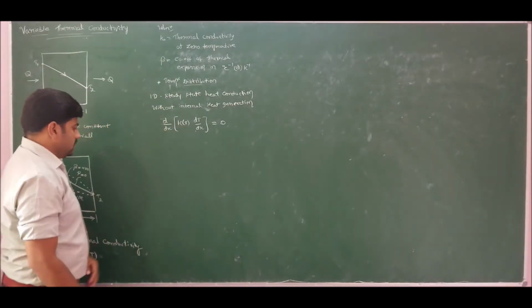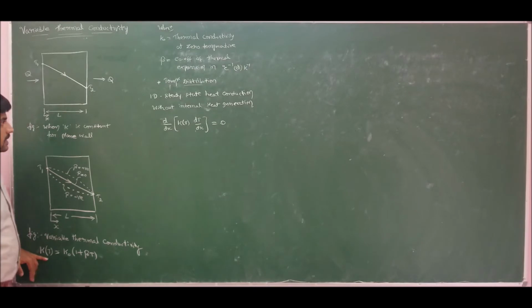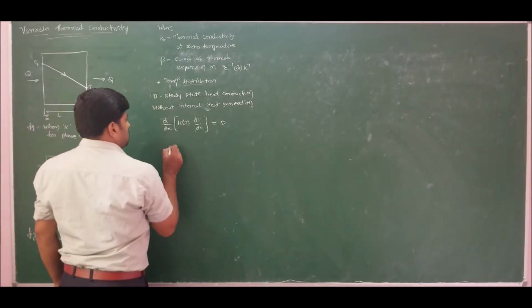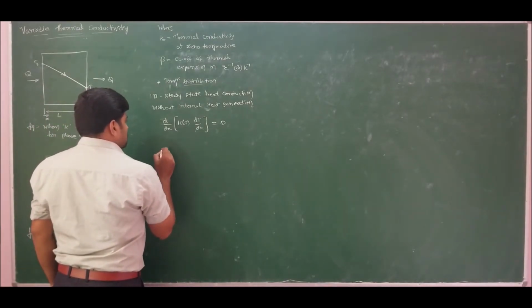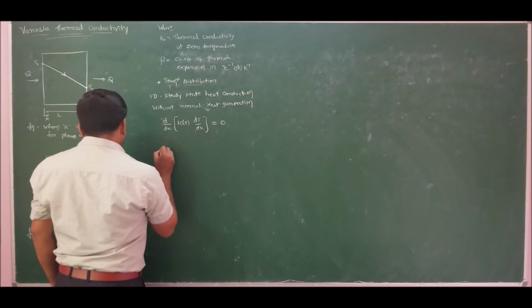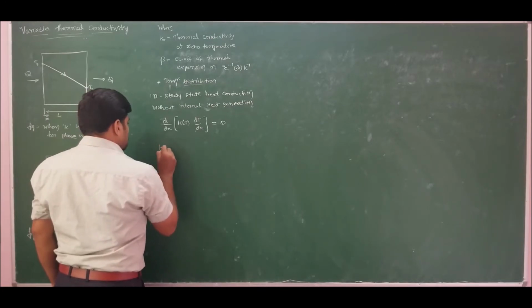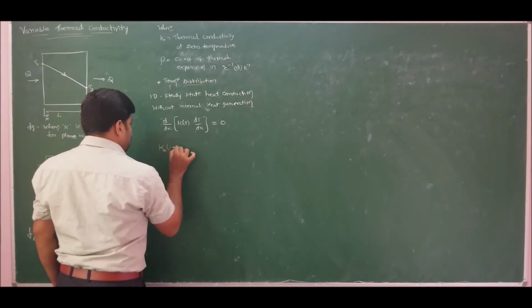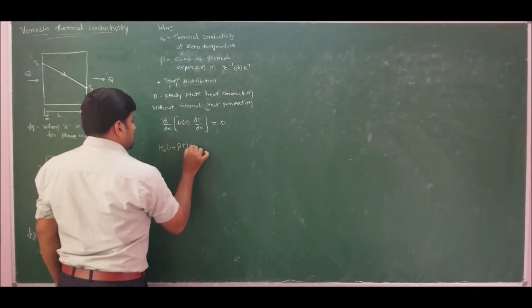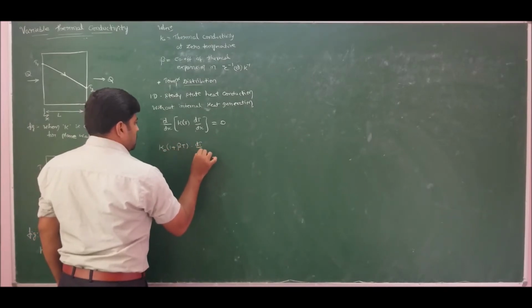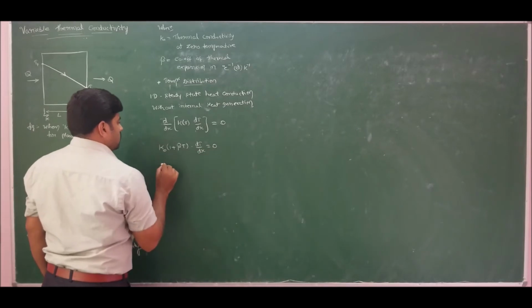Now substitute the value of variable thermal conductivity in this expression and solve. So if I substitute, we have d by dx of K naught of 1 plus beta T times dT by dx equal to 0.